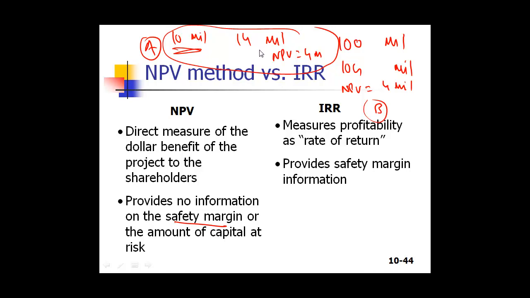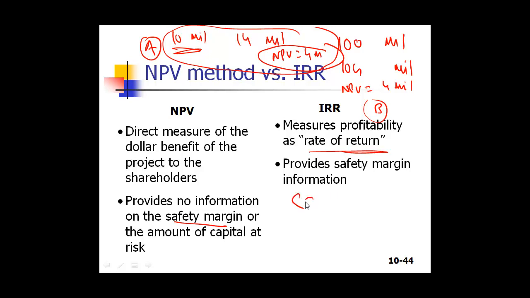So the safety margin is clearly more here. All my simple point is that the NPV in and of itself does not tell you about how much safety margin we have. It also doesn't give you a sense for the profitability, whereas IRR does give you a sense of the return.